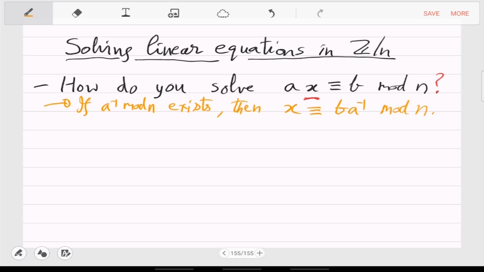Right, so in case A has an inverse mod n, then x has only one solution. Right, there is a unique solution.